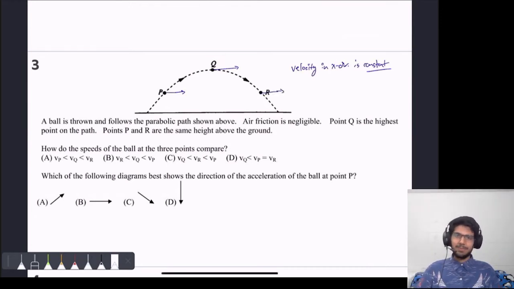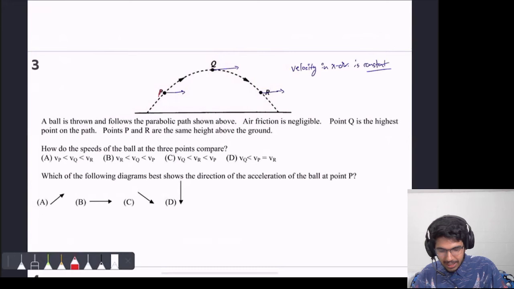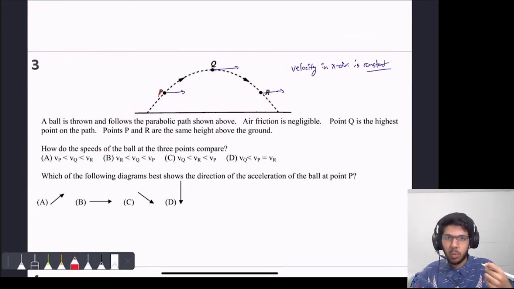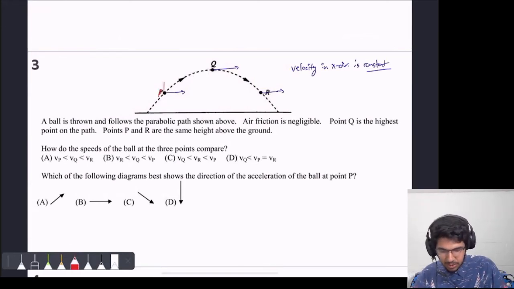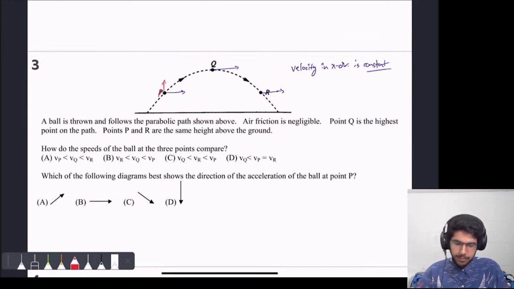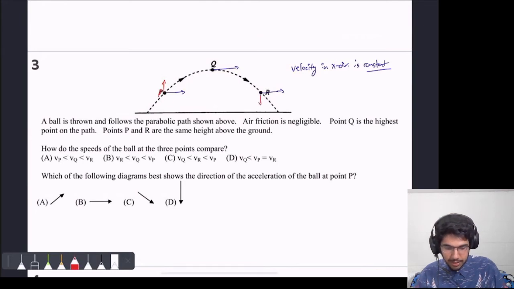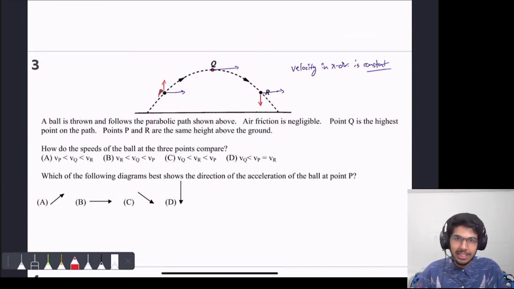It's constant. What can we say about the y component of velocity? At point P, the ball is on its way up, so it still has some sort of y velocity. At point R, the ball is on its way down, so it has y velocity in the negative direction. At point Q, we're at the peak.